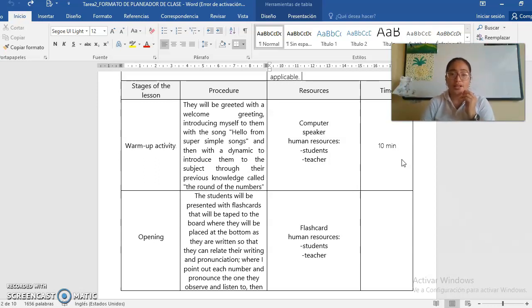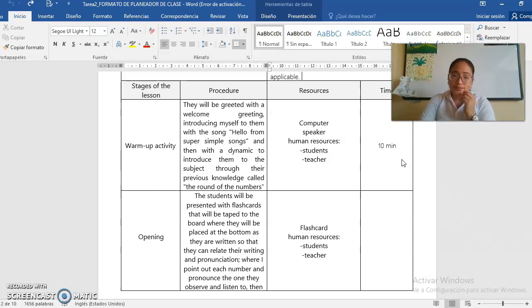Then with a dynamic to introduce them to the subject through their previous knowledge, called the round of the numbers. Resources: computer, speaker, human resource, students and teacher. Time: 10 minutes.